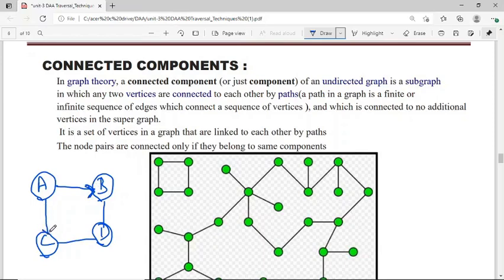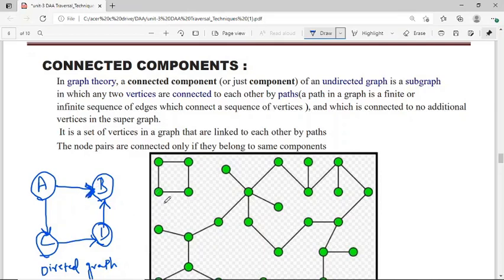Whenever the graph has arrows, then this is a directed graph.